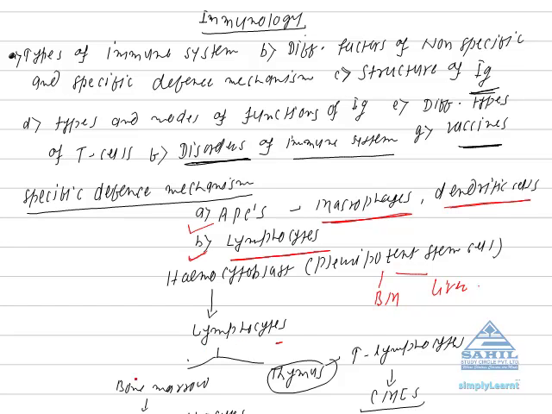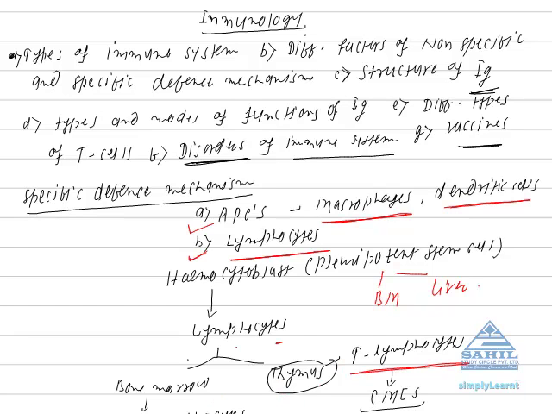After formation, some of the lymphocytes enter the thymus gland, and in the thymus gland they further proliferate. Those that proliferate in the thymus gland are called T lymphocytes. The T alphabet represents thymus gland. The thymus gland for this reason is also called the training school of T lymphocytes.